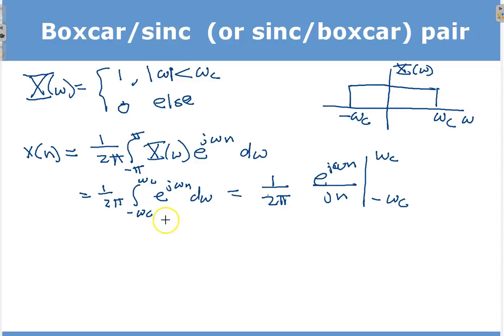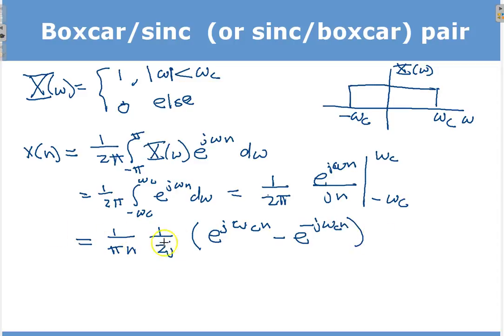So we can plug this in, and we can say that is 1 over pi n, 1 over 2j. I'm just reorganizing these things. Then I get e to the j omega c n minus e to the minus j omega c n.